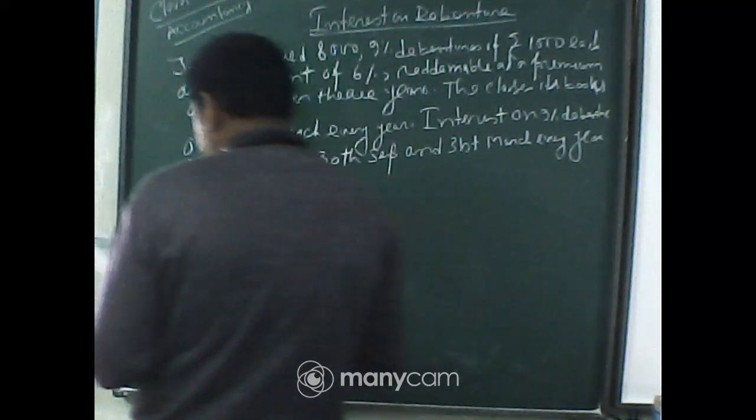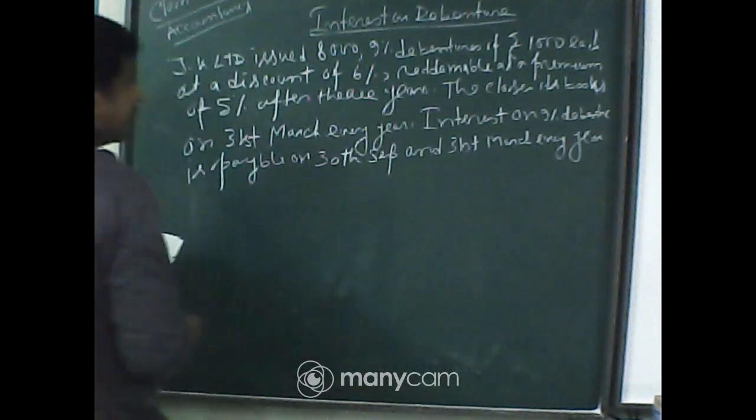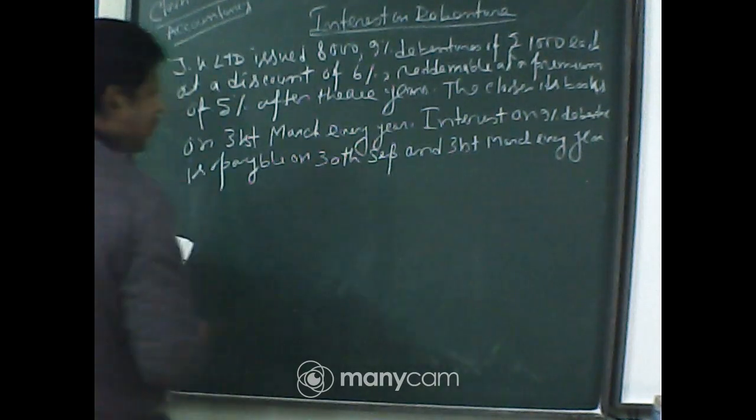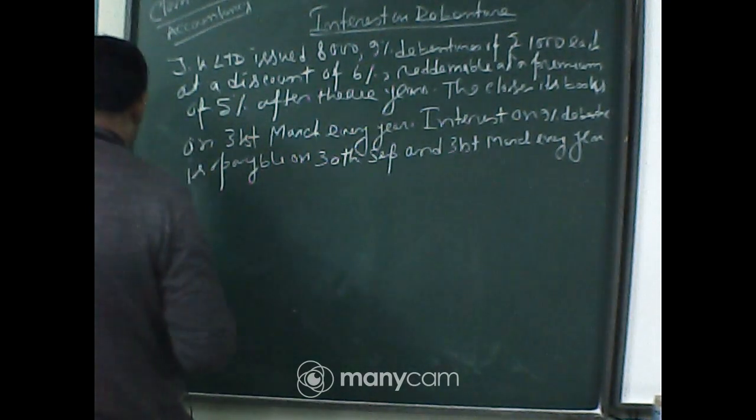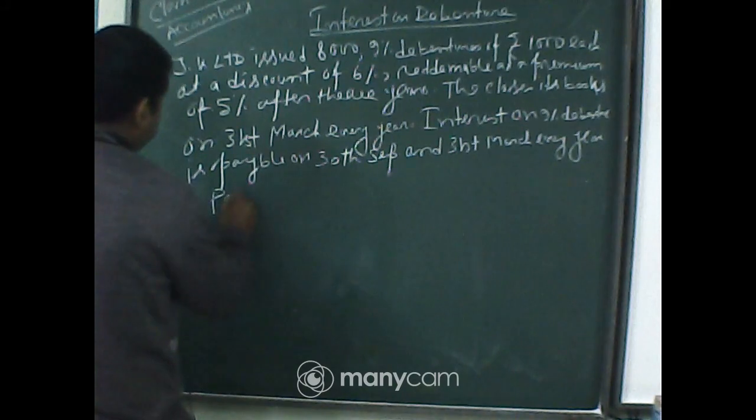So, they will pay interest on a half yearly basis, that is one is 30th September and one is 31st March. Now, pass necessary journal entries.